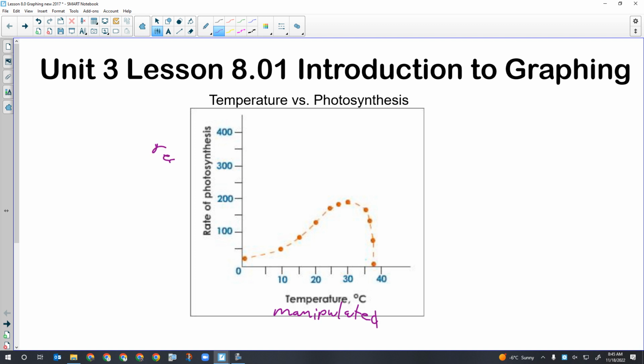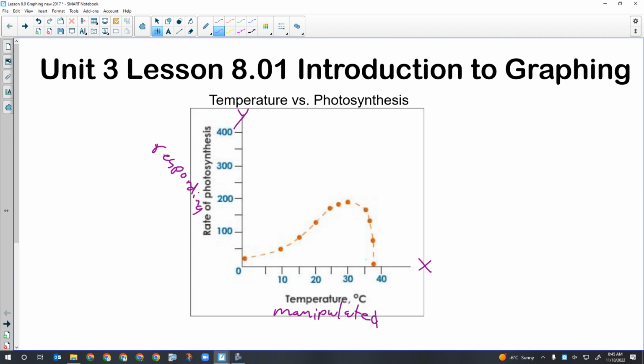So the responding variable always goes on the y-axis, and the manipulated variable always goes on the x-axis. And that way we can see the relationship between our manipulation and whatever it was we were watching in the experiment.